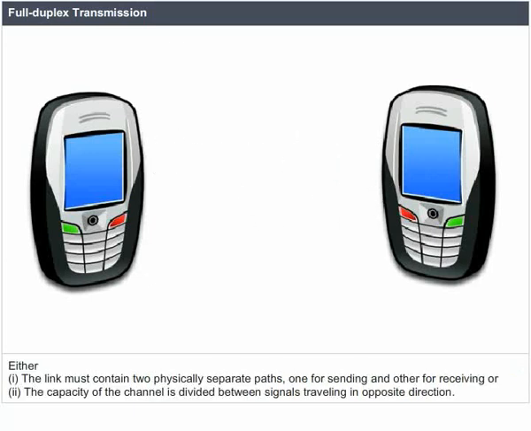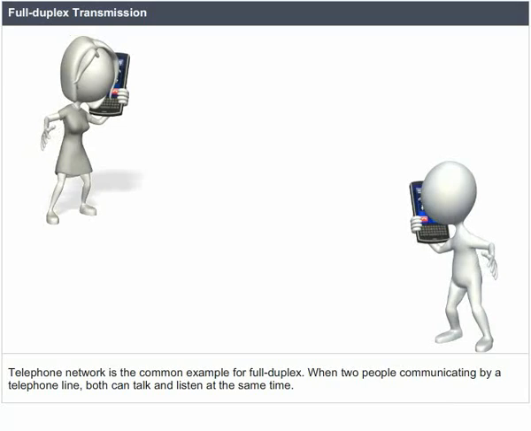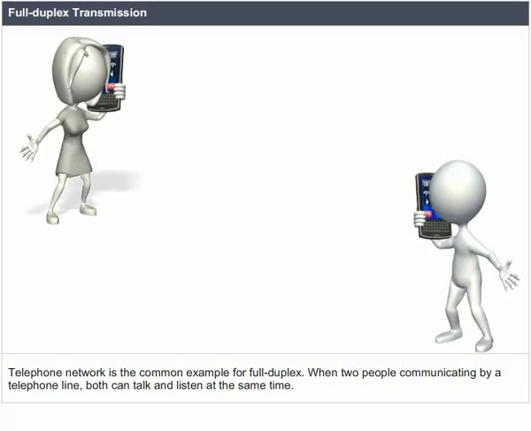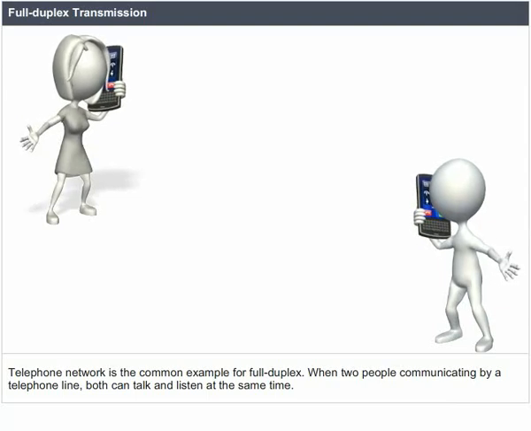Either the link must contain two physically separate parts, one for sending and the other for receiving, or the capacity of the channel is divided between signals traveling in opposite directions. Telephone network is the common example of full duplex. When two people are communicating by a telephone line, both can talk and listen at the same time.